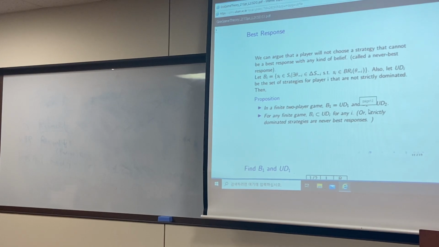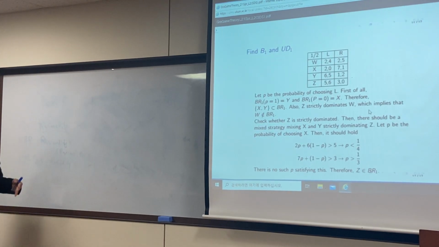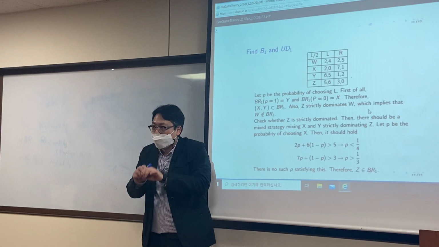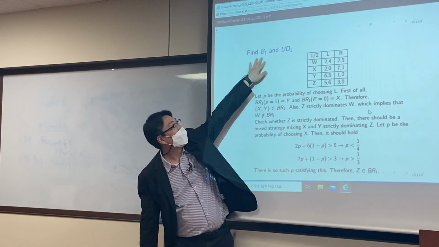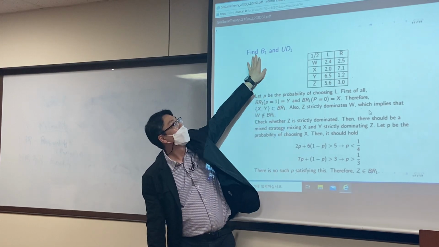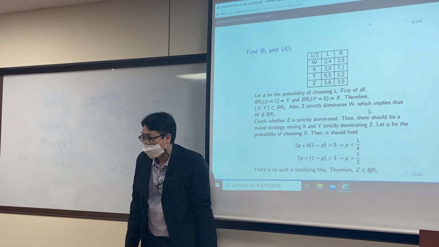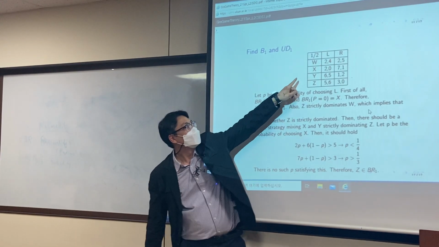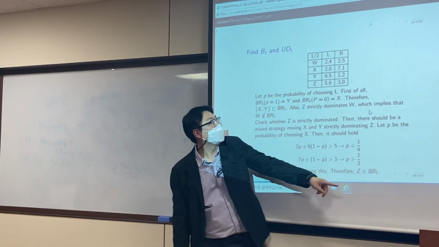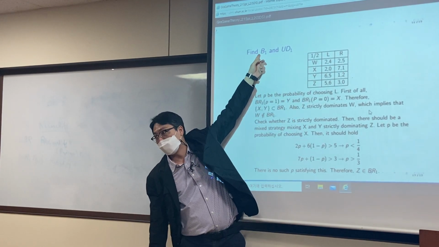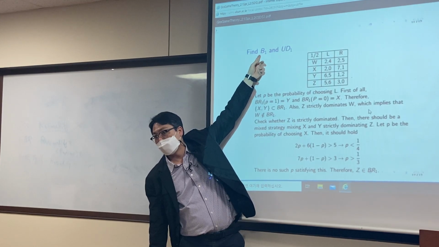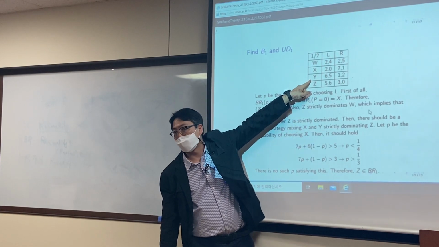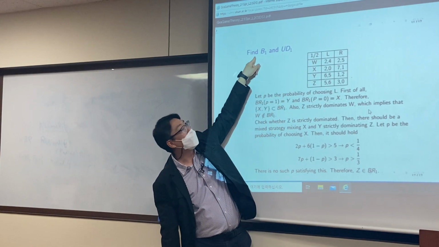So the set of strategies which are not strictly dominated and the best response set are the same in a finite two-player game. So when we try to find the set of best response strategies, we can find it like this, as I did already. If I believe that the second player is choosing L, I'm going to play Y, so Y is a member of B1. Because if I believe that the second player will play L, then Y is the best response for that. So Y is a member of B1.